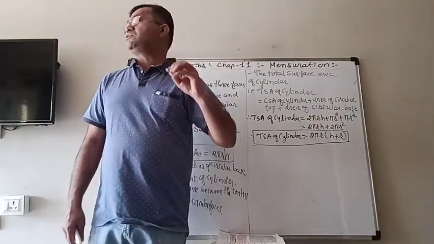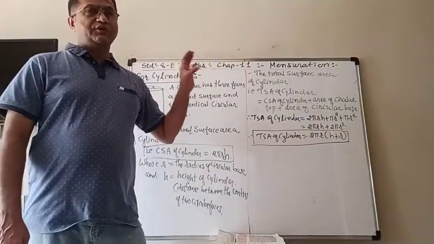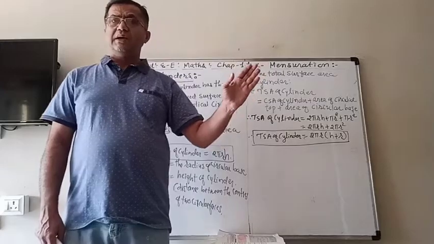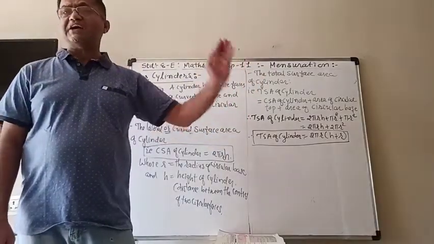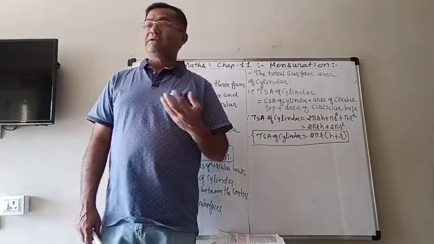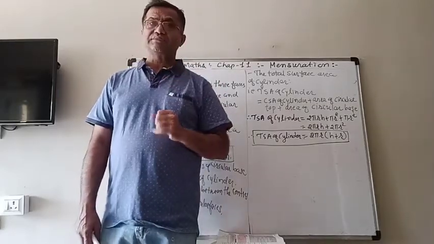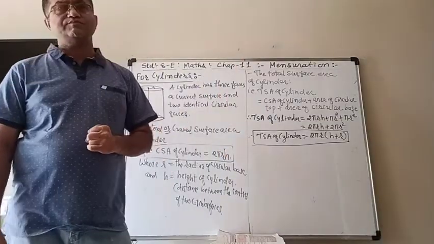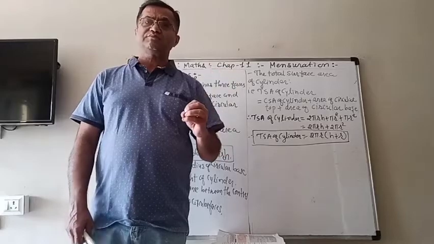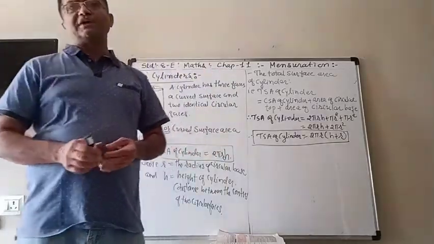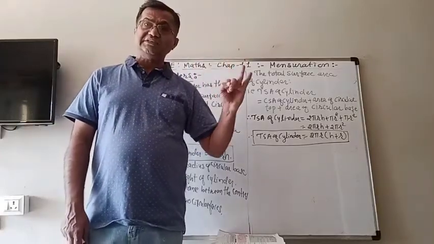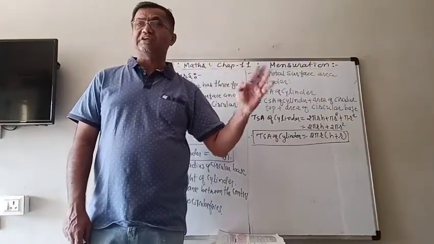And we wrote down the formulas that for the cuboid, TSA is 2 into bracket LB plus BH plus HL. And the CSA, means LSA, lateral surface area, the formula is 2H bracket L plus B, where L, B and H are length, breadth and height respectively.